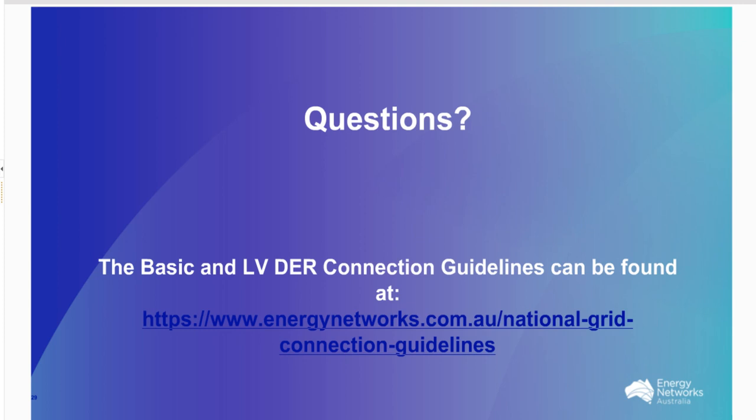I touched on this during the presentation as well, with some NSPs being able to push further than others due to planning standards requiring lower after diversity maximum demand connection requirements that limit the two-way flow to, in some cases, below that 5 kVA limit.